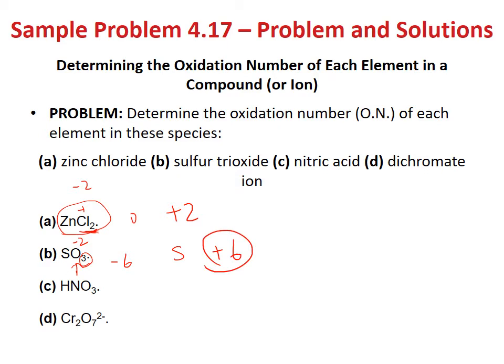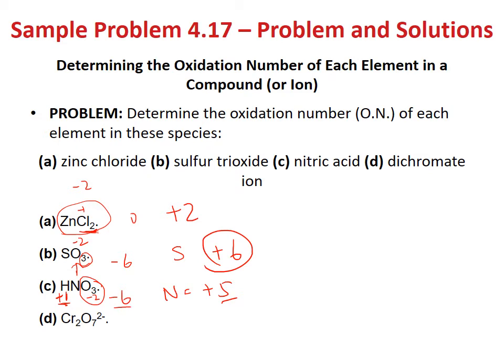Next, in nitric acid, hydrogen is +1, oxygen is -2, and -2 times 3 oxygens is -6. In order for the whole molecule to be 0, nitrogen must be +5. So 5 plus 1 equals 6, 6 minus 6 equals 0.